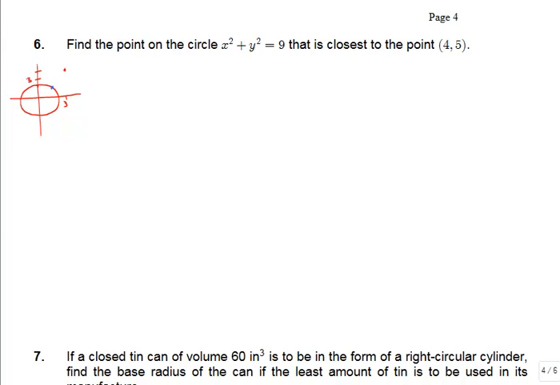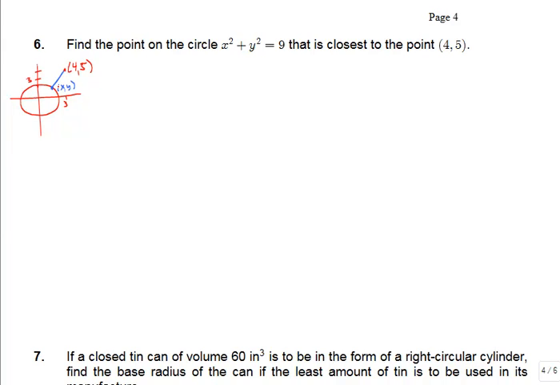And you can kind of visualize where it would be. We want this distance to be as small as possible. So this point, whatever it is, I'm going to call it x, y. And we know that this point is 4, 5. Okay, so what is it that we're trying to do here? If we want this point to be as close as possible to our circle, then that really means we want this distance between these 2 points to be as small as possible.